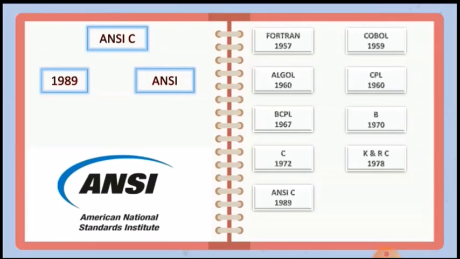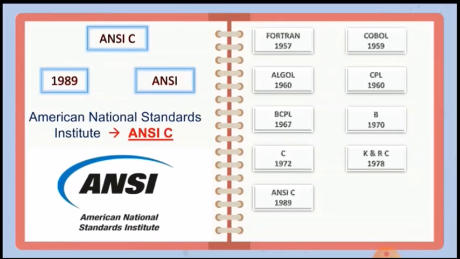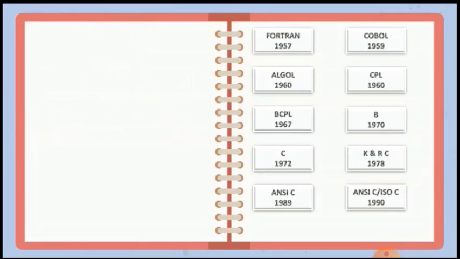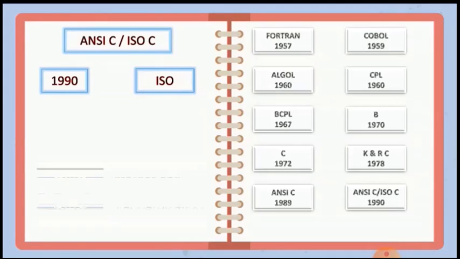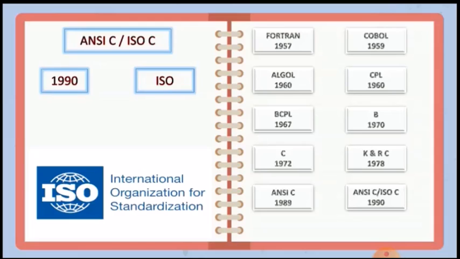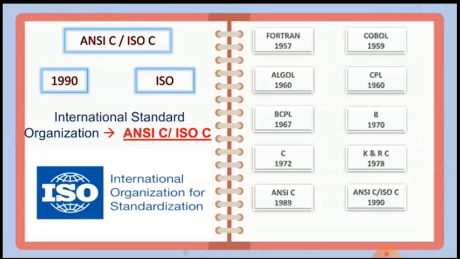Finally, in 1989, the standard for C language was introduced, known as ANSI C, which was again updated in 1990, and approved by ISO. ISO means International Standards Organization, and the name given is ANSI C or ISO C.